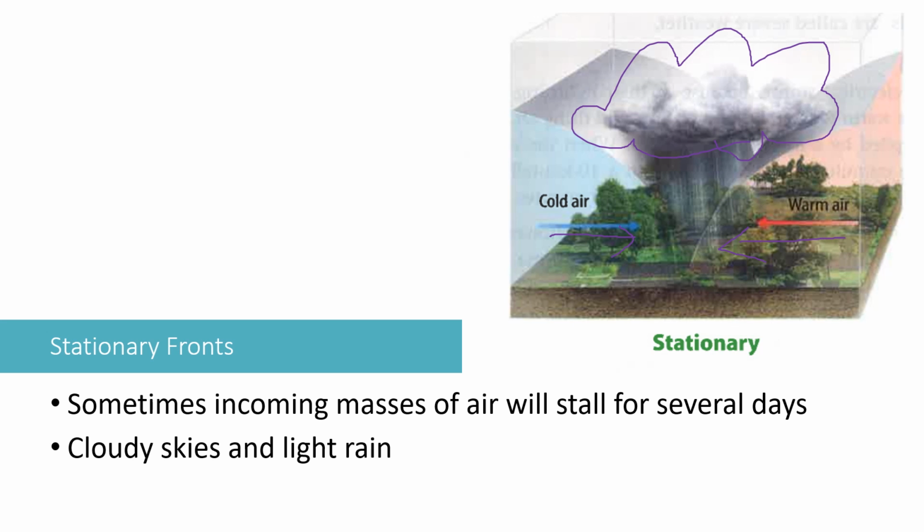They both want to take over, and depending on whichever front was stronger to begin with, meaning it had more mass behind it, they're the ones who end up winning. So if there's more cold air moving in, the cold front will eventually take over versus the warm air with the warm front.